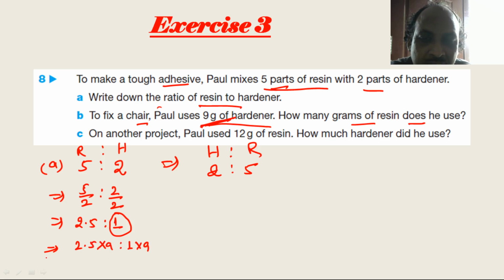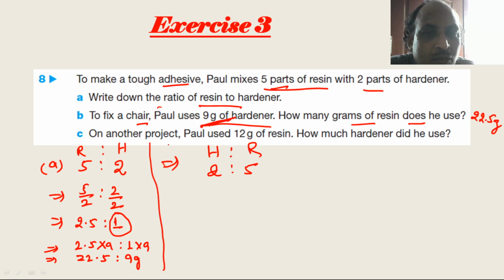So you will be getting 22.5 is to 9. So now this has become 9 gram of hardener. So 22.5 gram of resin will be required. Correct? So for B, the answer will be 22.5 gram of resin. Right.